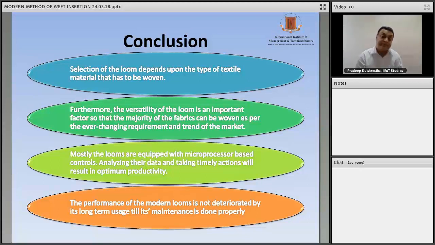Now, as I told you in the beginning of the lecture, maintenance is very important. If we do maintenance in time, the machine will always remain with us. But if we avoid maintenance, the machine will also avoid our demands. Suppose we are giving good treatment to the machine, following all the processes of daily checking, weekly, bi-weekly, quarterly, like this.